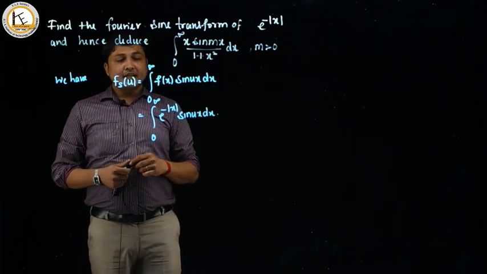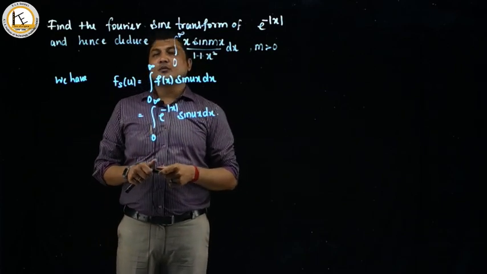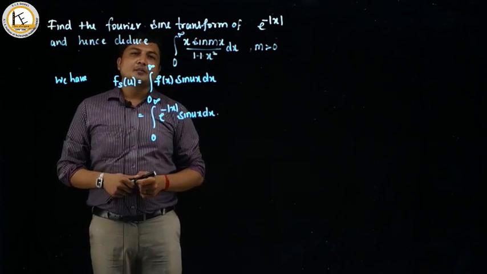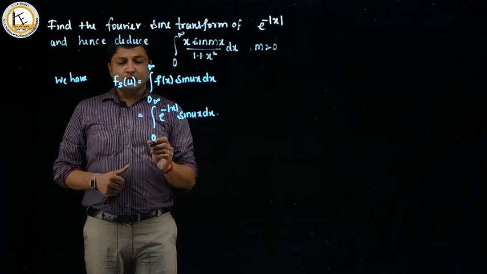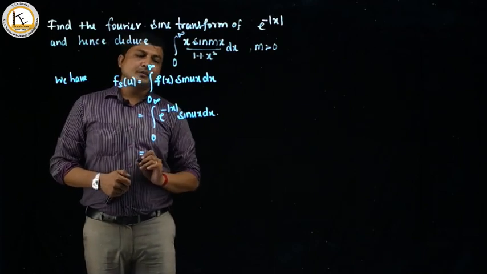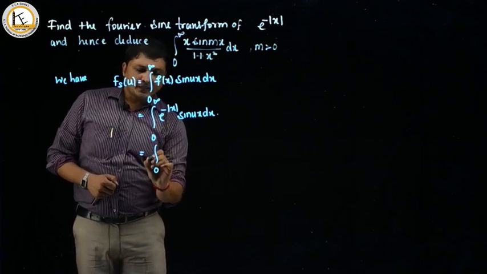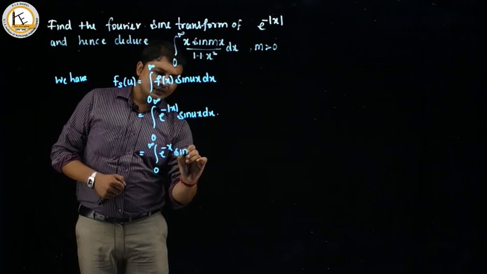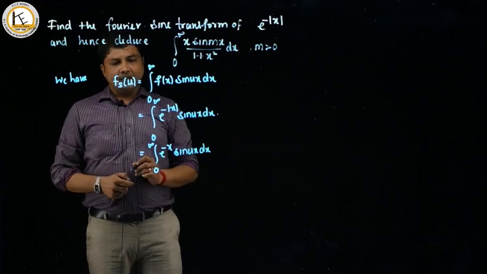Since the function f of x has a mod x, mod x will be always positive for the positive range and negative for the negative range. Here 0 to infinity is a positive range, therefore mod x will be plus x, and minus into plus remains minus, so it is e raised to minus x into sine ux with respect to x.